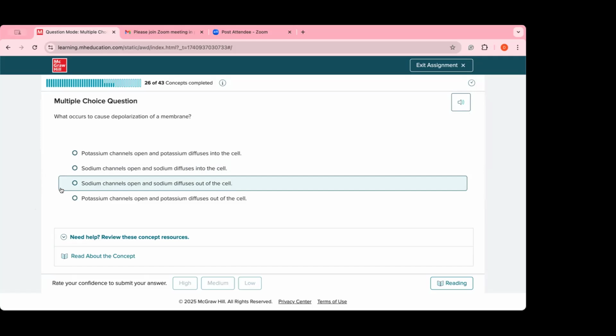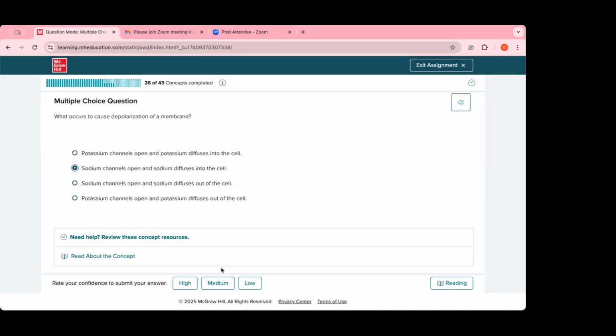It should be the second one. Sodium ion channels open and sodium diffuses into the cell because it becomes more positively charged to balance it out. Remember, it's negatively charged, so the positive ions have to flow in to balance it. Because the cell at that point is negatively charged.